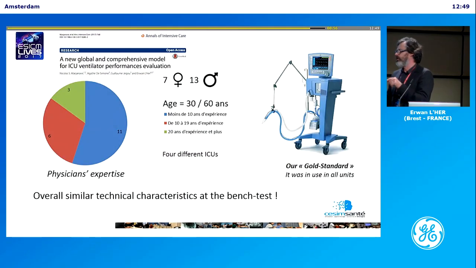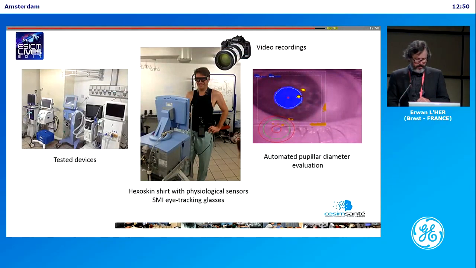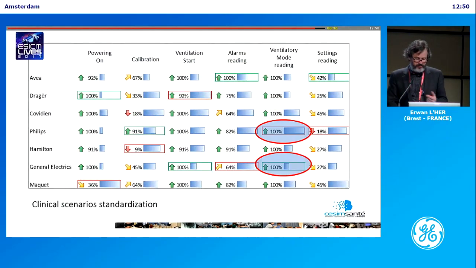That's the reason why we also included reference devices that were used by all physicians. Of course, after 10 years using the same ventilator, we are very confident with it. We know all the tricks. We know where to go if we want one thing. But the problem is, within a staff, there are a lot of people coming in, coming out.